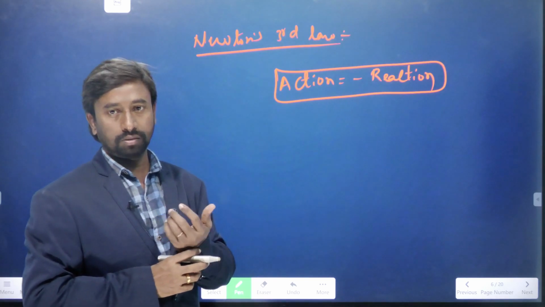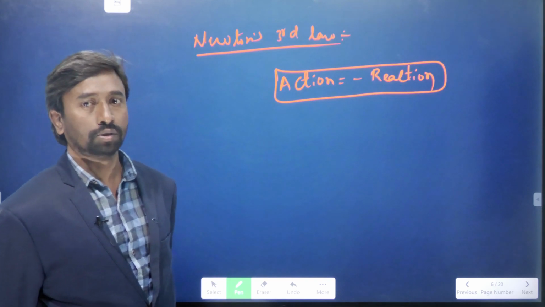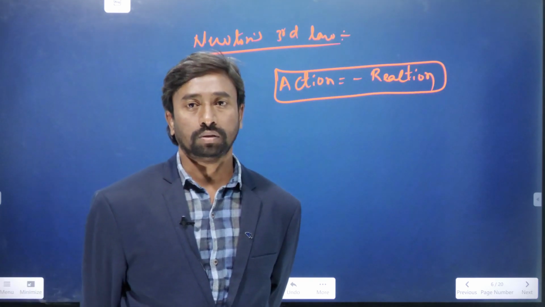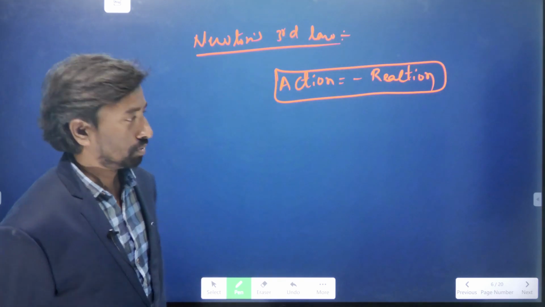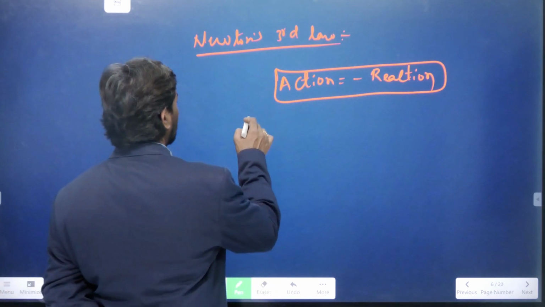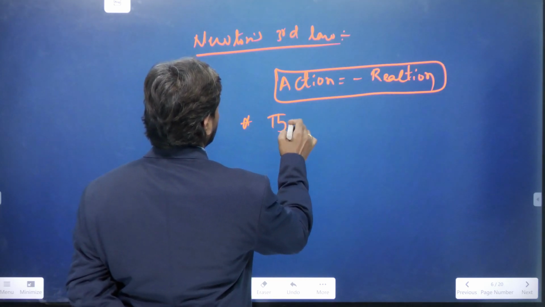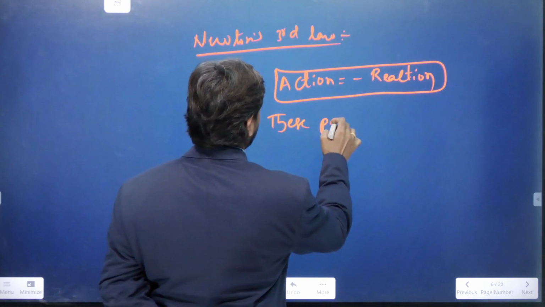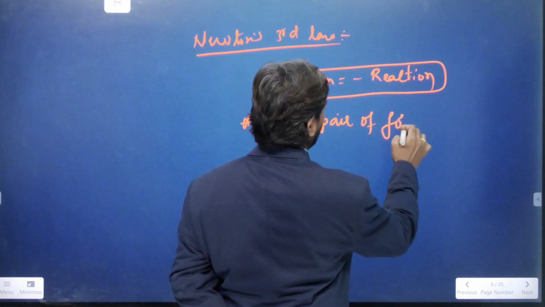When action and reaction take place, these are said to be a pair of forces. These pair of forces act on two different objects. They do not act on the same body; both act on different bodies.